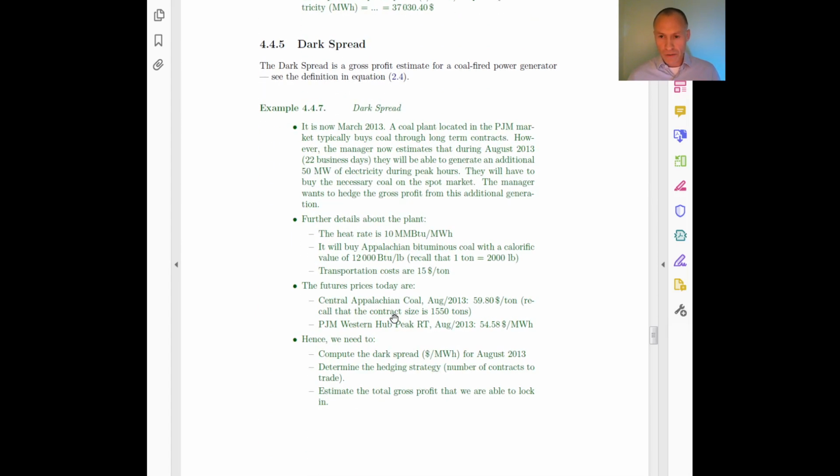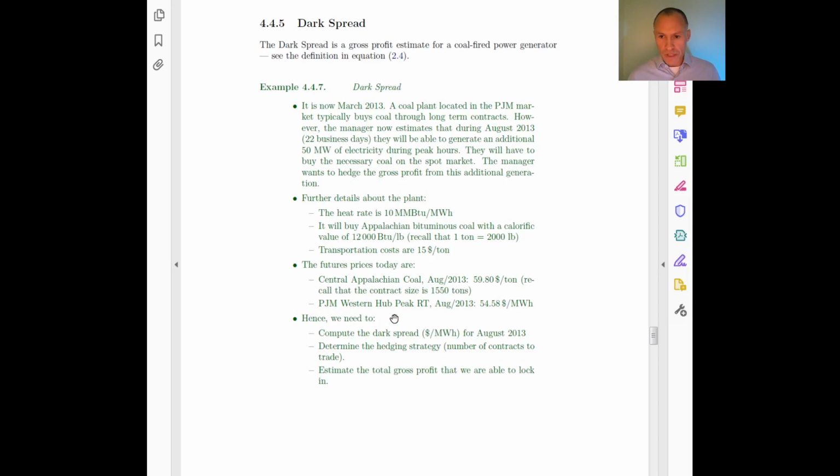Okay, one more example. The dark spread, which we have seen before, and now dark because it's for coal. It's the spread for a coal-fired power generation, and it's the same idea: price of the output, which is electricity, minus the price of input, which is the amount of coal I need to generate 1 unit of electricity. Right.